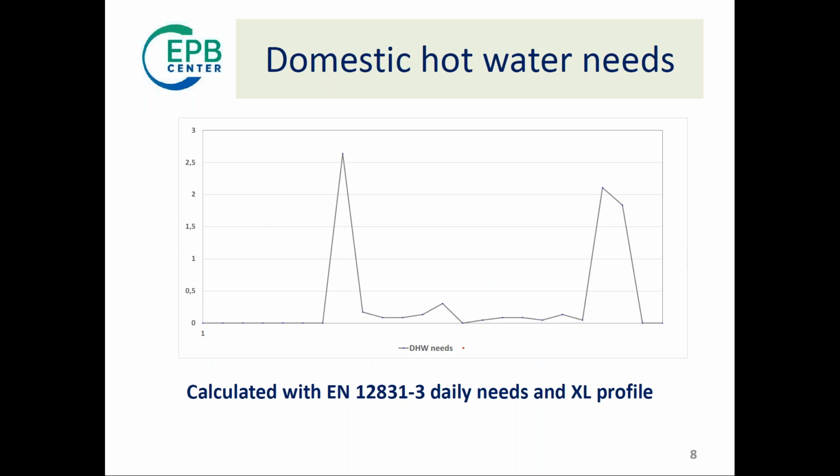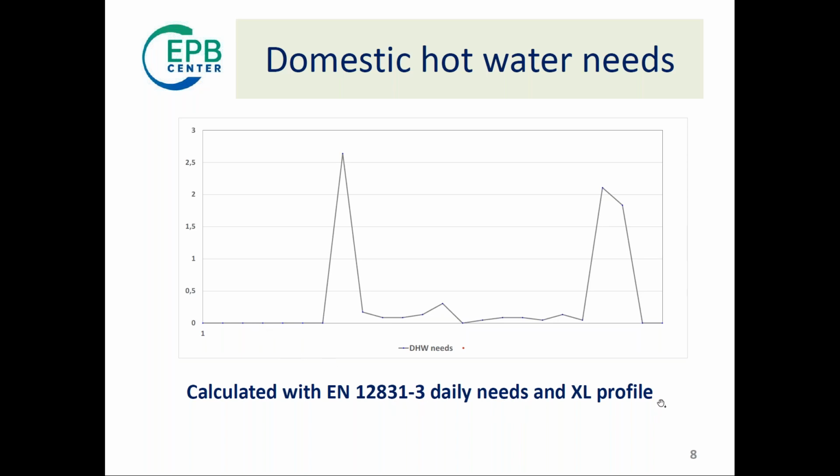Here we need also domestic hot water needs. This has been calculated with 12831-3. Actually, this standard gives you the daily needs, and here it's approximately 250 liters at 40 degrees, which makes sense for such a building. And we need also a profile to distribute this daily need along the day.